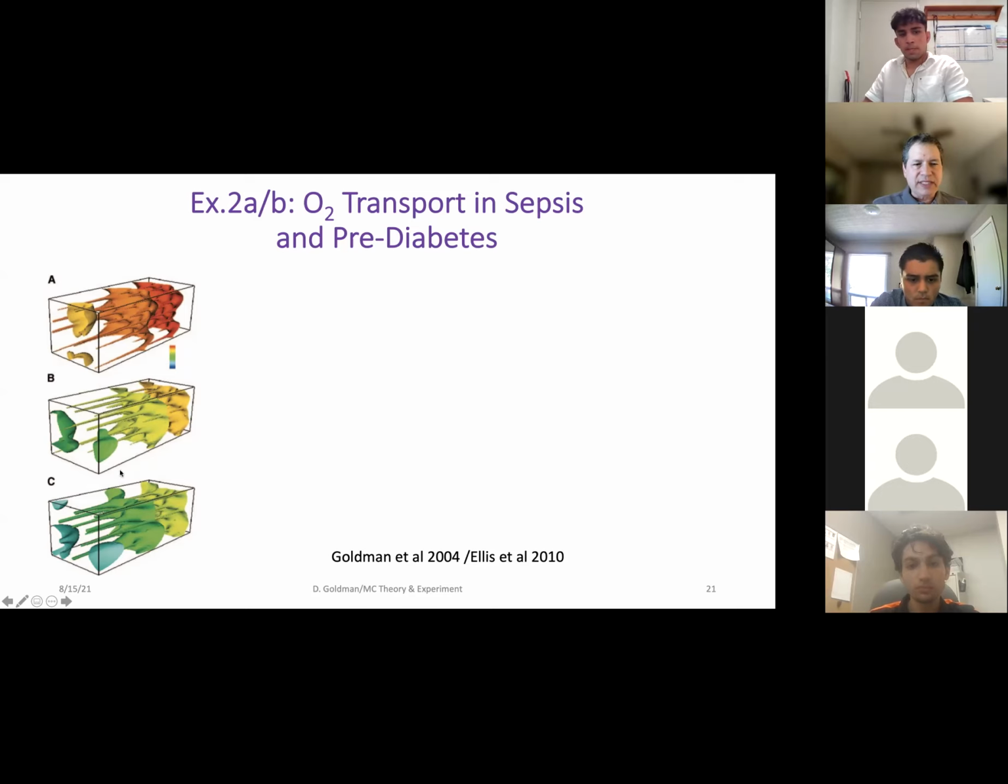Finally, this is an extreme sepsis case where you've lost, I think, 40 or 50% of your capillaries, and you actually have an increase in O2 consumption, which is a little strange. But the inputs to this model come from experimental data. Then you get some regions with very low O2, and the thought is you may get some local hypoxia when you have severe sepsis. That was from 2004.